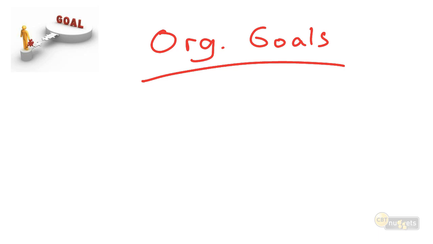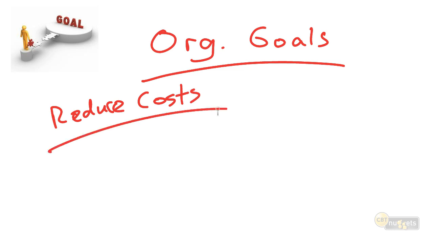Again, allow the CEO, the CFO, the CIO, allow management to really unload on you in this category. Just have them free think about what their organizational goals are. Maybe the CFO tells you it's to reduce overall costs in this organization.